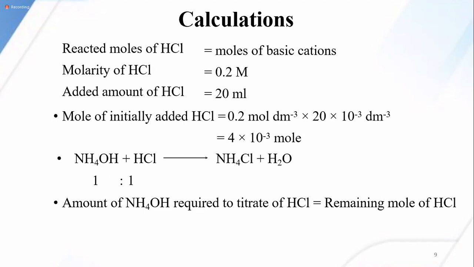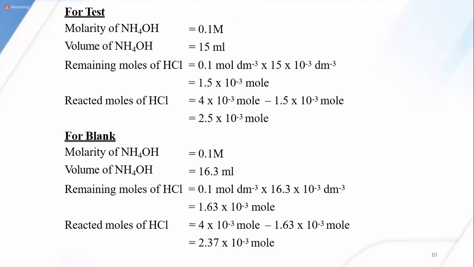n is equal to concentration into volume to find out the moles, and you can directly deduct from the initial amount. Here I did one example for the test and blank.